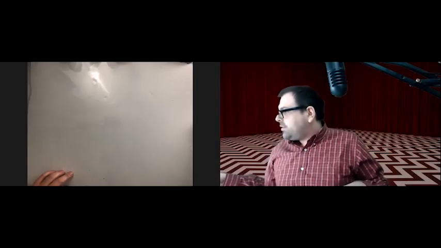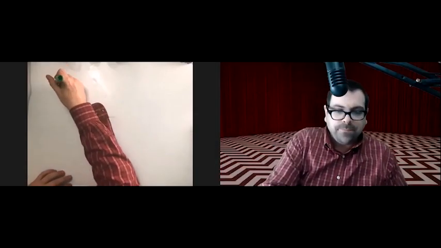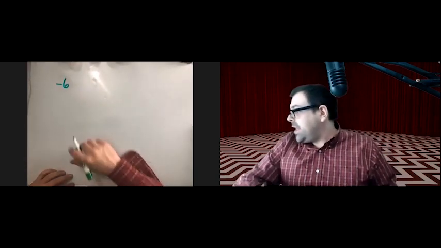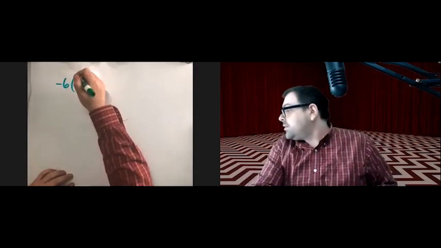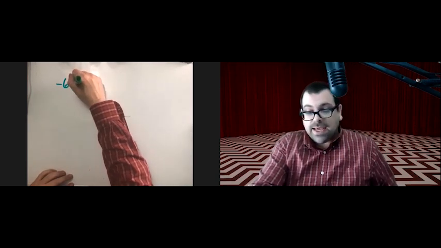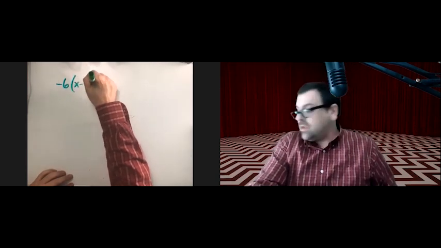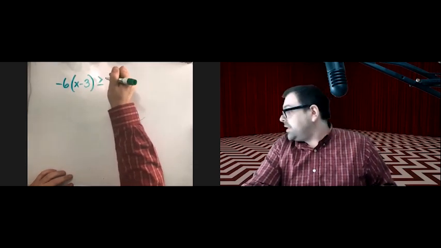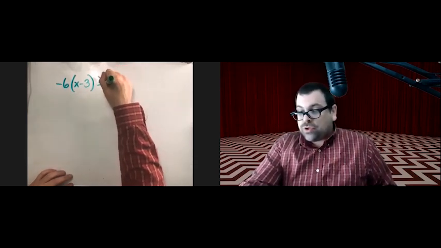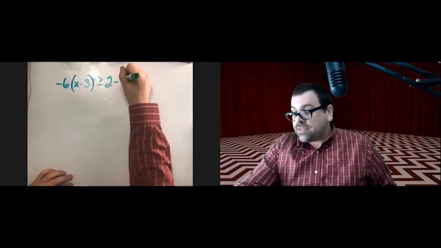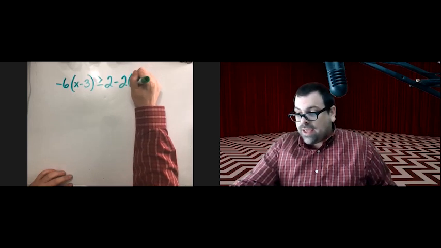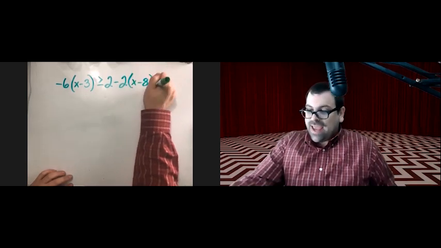Let's complicate the inequality a bit. Let's take a look at -6 times the quantity x minus 3 is greater than or equal to 2 minus 2 times the quantity x minus 8.